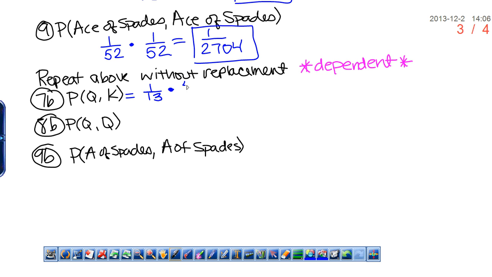No, there's still 4 kings. There's only 51 total cards left. So that gives me 4 over 663, which you would double check and see if it reduces using your math fracs. Does it reduce? No, so we would leave this as our fraction.